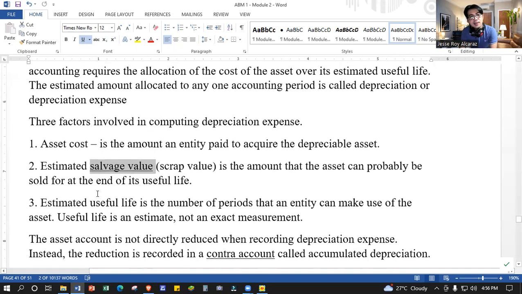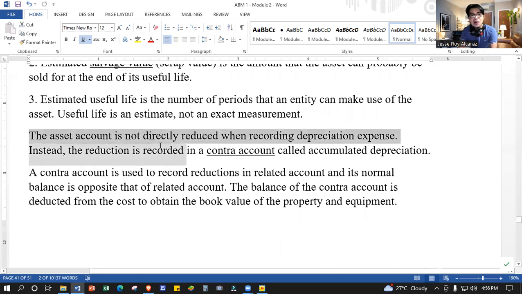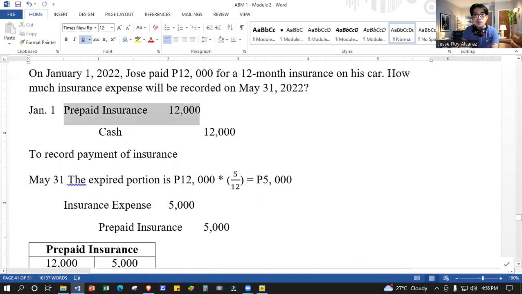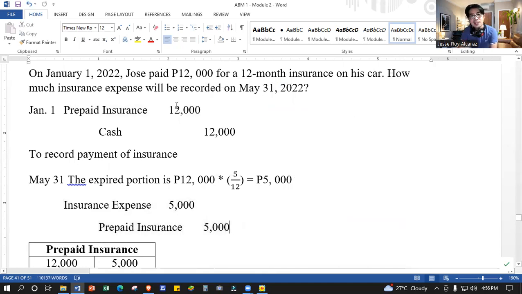Okay. The tricky thing about depreciation is that the asset account will not be directly reduced when recording depreciation expense. Okay? So instead, dili nato siya ginaingani. For example, sa prepaid insurance, nag-record tag asset, prepaid insurance, and pag naanay na expire or pag naanay na gamit, we record an expense account and then bawasan nato directly ang asset account.